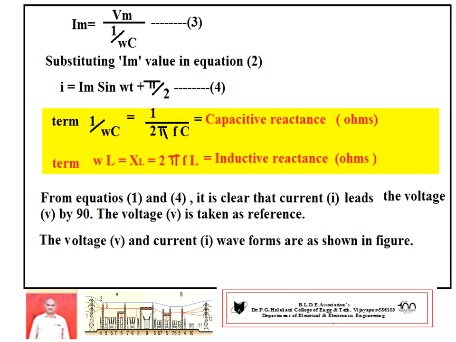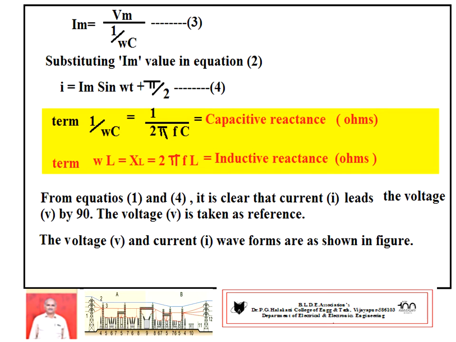So from equations 1 and 4, it is clear that voltage is taken as reference, because it starts from 0, reaches 180 degrees in the positive half cycle, and from 180 to 360 degrees it reaches the negative half cycle. So it is taken as the reference quantity.